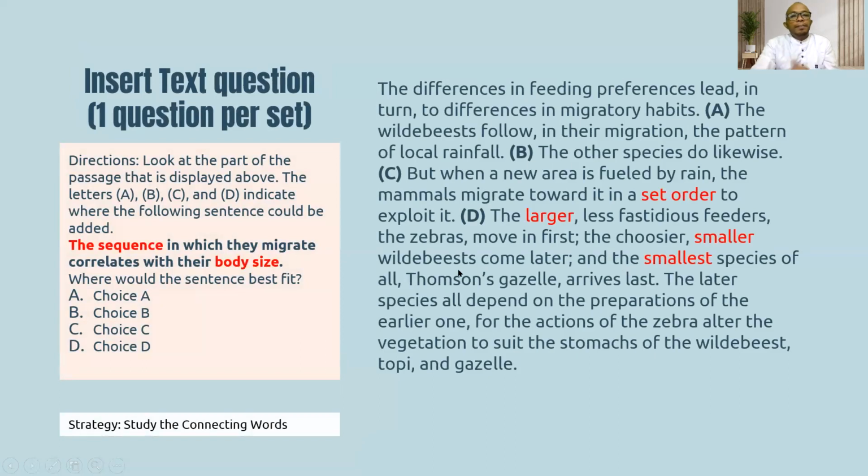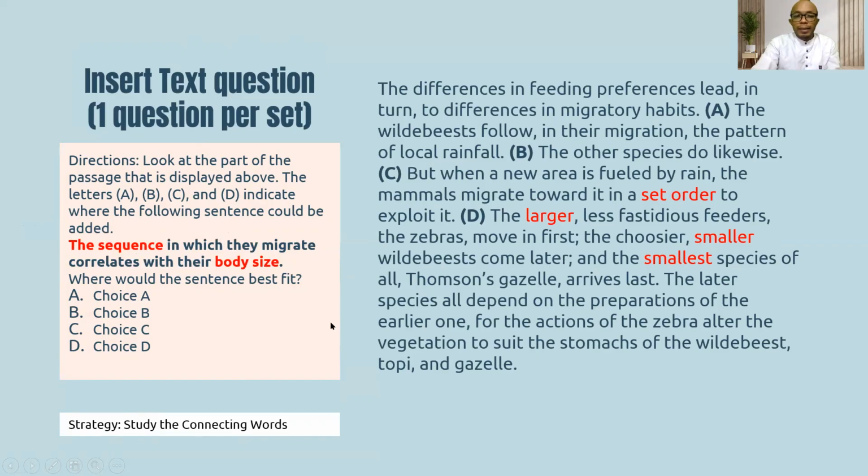So here, the connecting words would be the sequence and body size. So remember, connecting words are usually in the beginning, and sometimes there can also be a clue in the later part of the sentence. Use these connecting words to see the connection between the sentence and the sentences before and after the place where you want to put it, right?